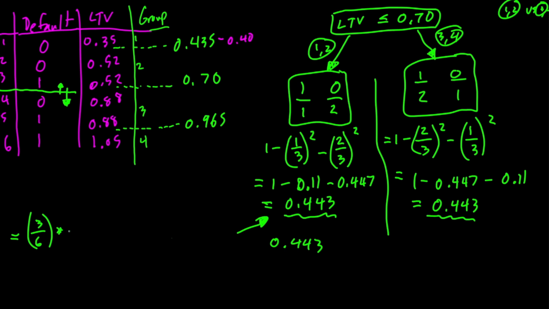And then we're going to multiply that by that left leaf with the 0.443. And then we're going to add that to 3/6, where again, there are 3 data points in the right leaf, and a total of 6 data points in all the leaves in this split. Again, times 0.443. And of course, this will give us 0.443.